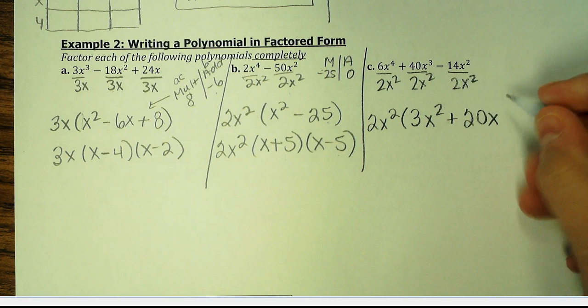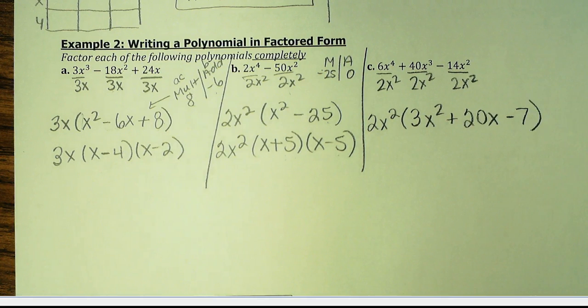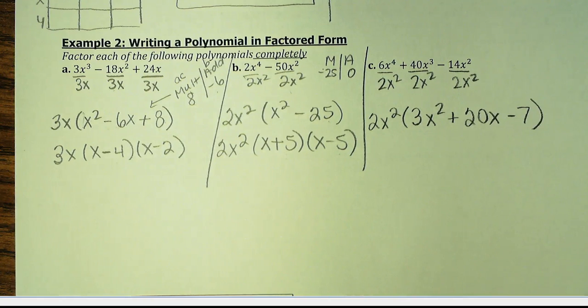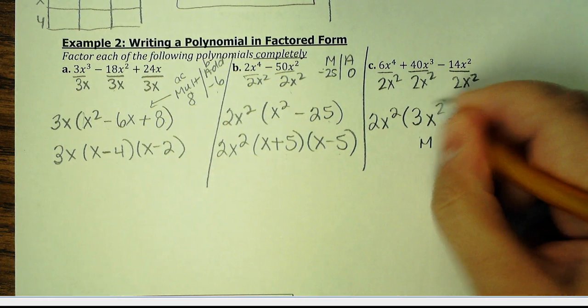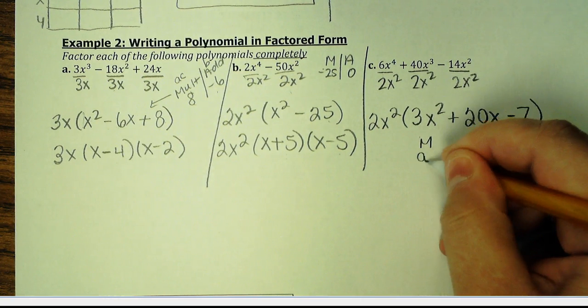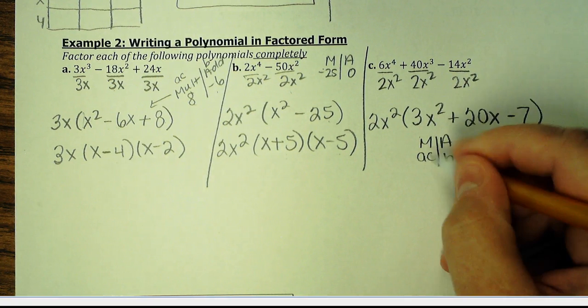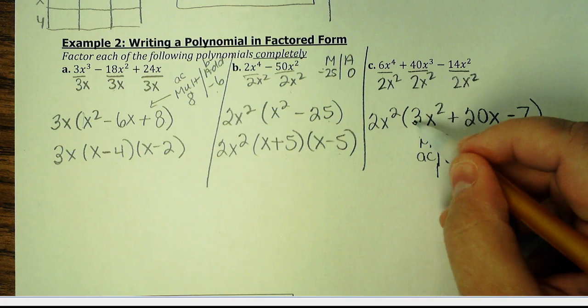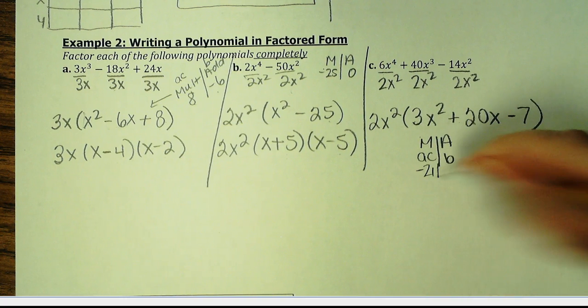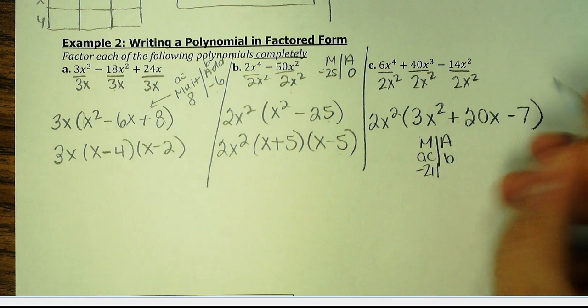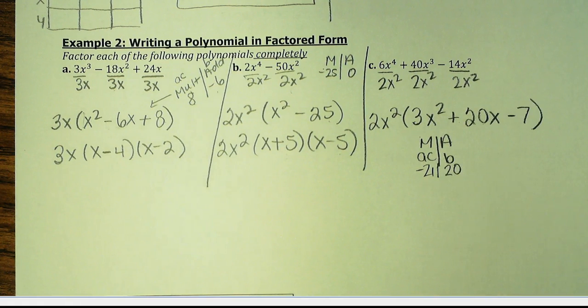And 14 divided by 2, this is 7. Okay, now I'm just focusing on the parentheses, this quadratic. Multiply a times c, add to b. So for this problem, 3 times -7 is -21. Add to get the value in the middle, which is going to give you 20.